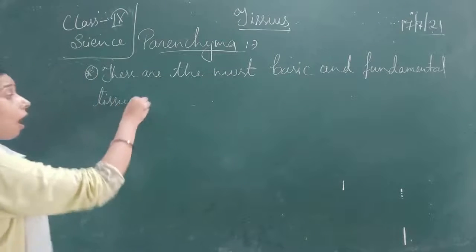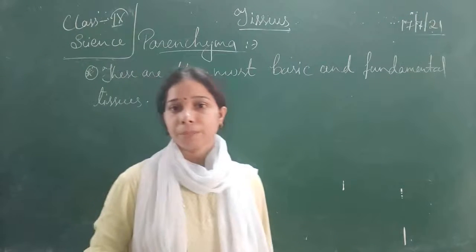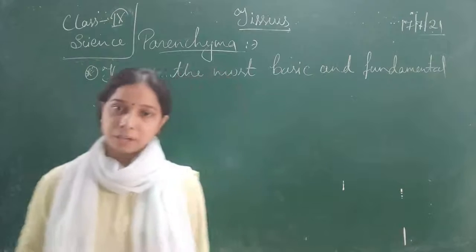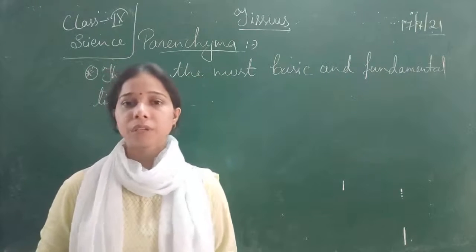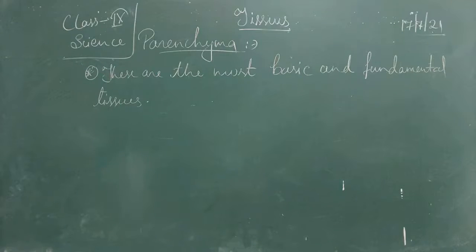They are isodiametric. It means they are of the same diameter, and mainly they exist either in a rounded shape or in an oval shape.